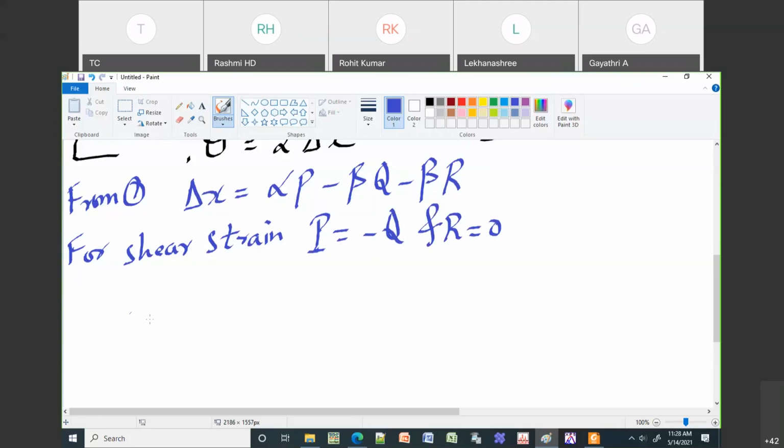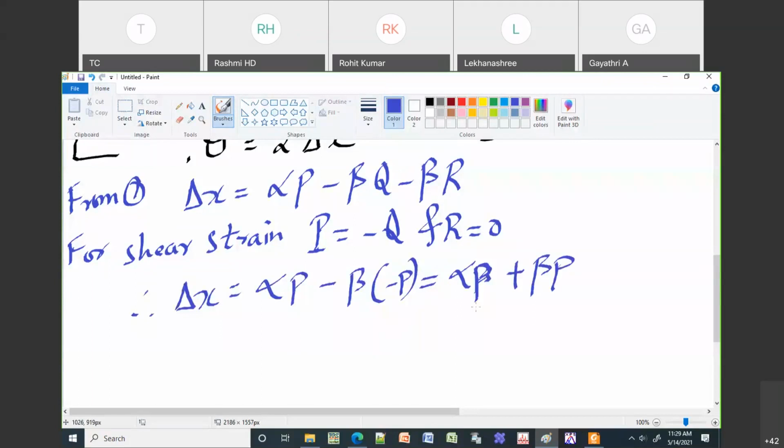So in this case, what will happen to your delta x? Delta x will be alpha times P minus beta times minus P. Minus into minus will be plus. So alpha times P plus beta times P. P is common in both, so delta x is P into alpha plus beta.